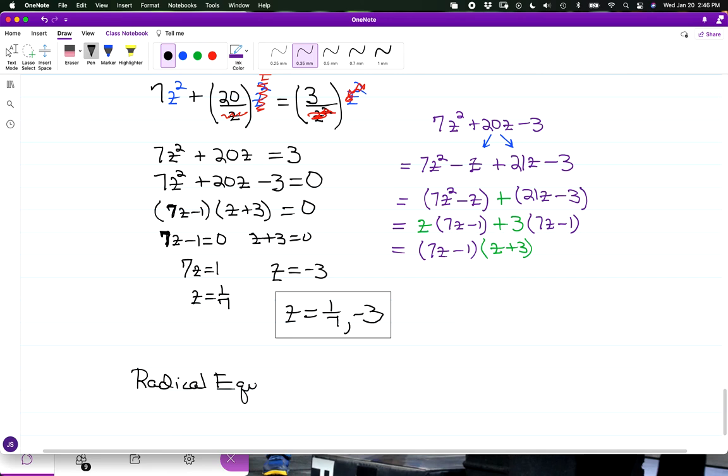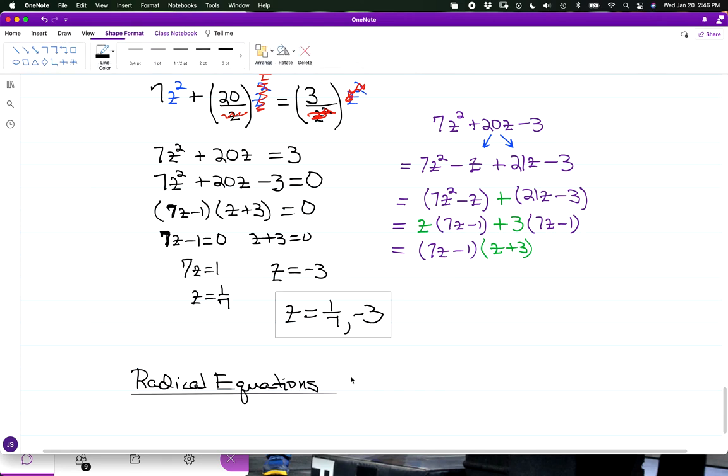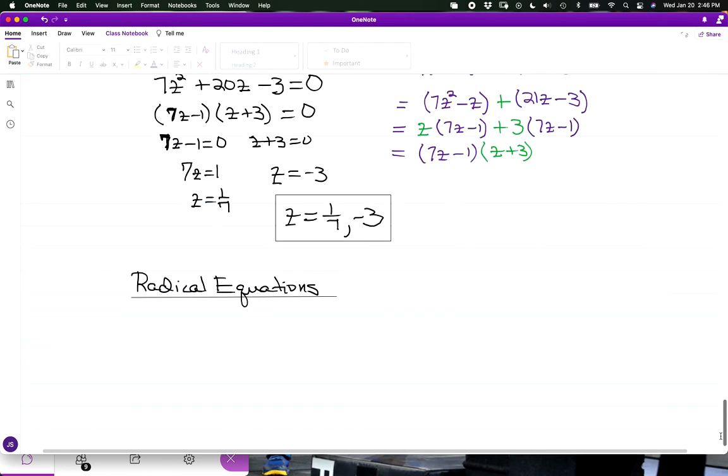And for radical equations, there's one key property I do want to mention. That's going to be in reference to even root radicals, and this will be regarding the principal square root rule.